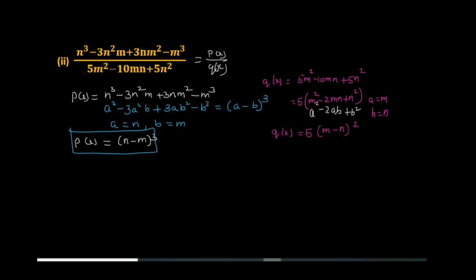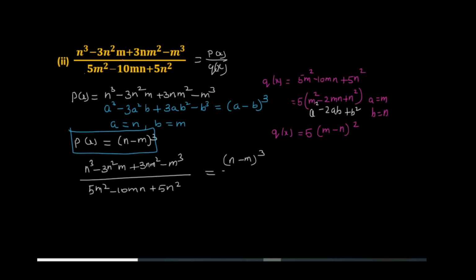Let's see the original question: n cube minus 3n squared m plus 3n m squared minus m cube, divided by 5m squared minus 10mn plus 5n squared, is equal to n minus m the whole cube divided by 5 times m minus n the whole square.